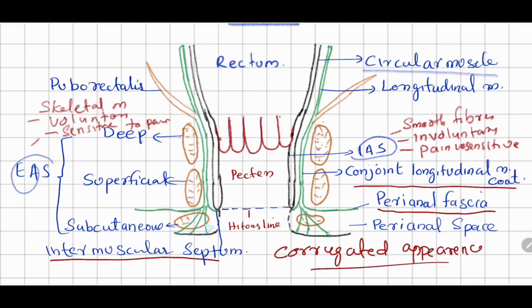Those muscular fibers are known as the corrugator cutis ani. Here we have the perianal fascia, and the space below the perianal fascia is known as the perianal space.